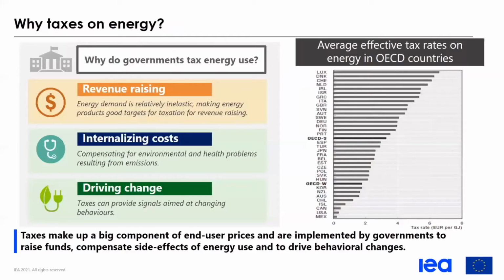But the cost of the raw material in the international markets doesn't capture the full story. In fact, the end-use price paid by consumers is subject to taxation that might represent the major share of the final prices. Why do governments tax energy commodities?